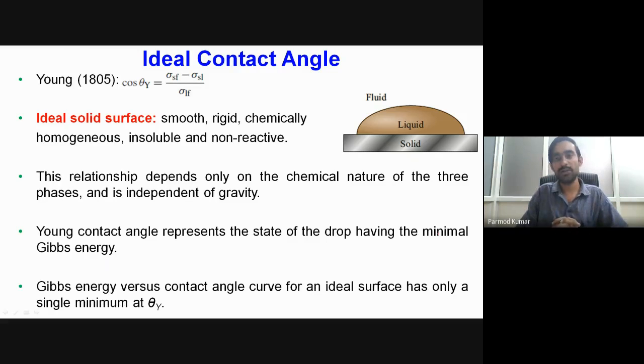Okay. Now let us see another type of situation. As I have told you earlier, when we have a droplet resting on the surface of a solid, that type of droplet is referred to as a sessile droplet.